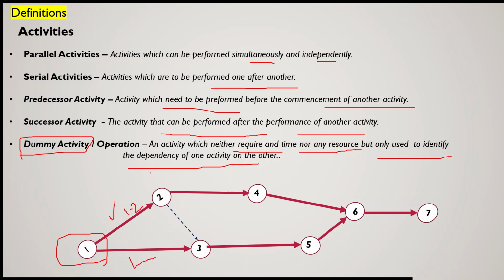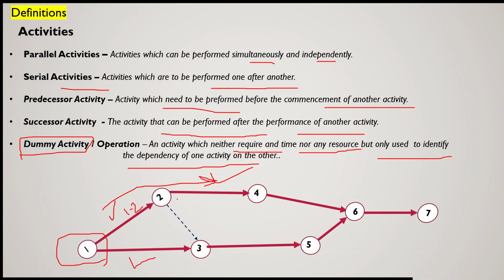Then activity 1-2 and activity 2-4 are known as serial activities because they are performed one after another. Activity 2-4 can only be performed when activity 1-2 has been completed, otherwise it cannot proceed. So these are serial activities.